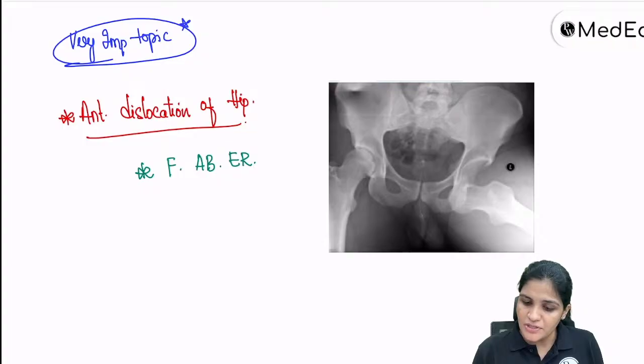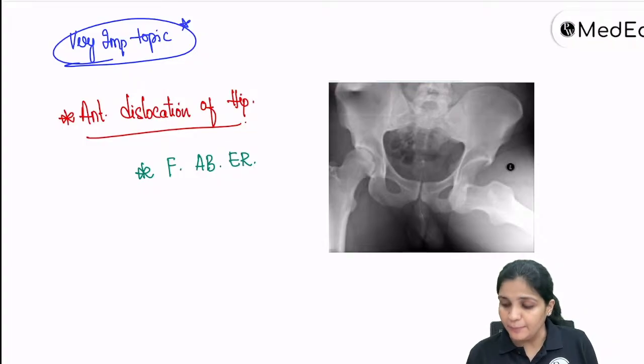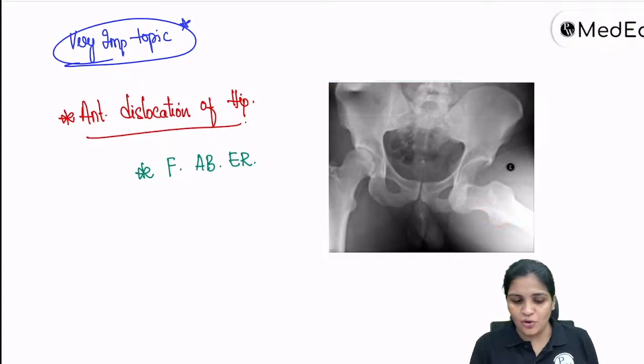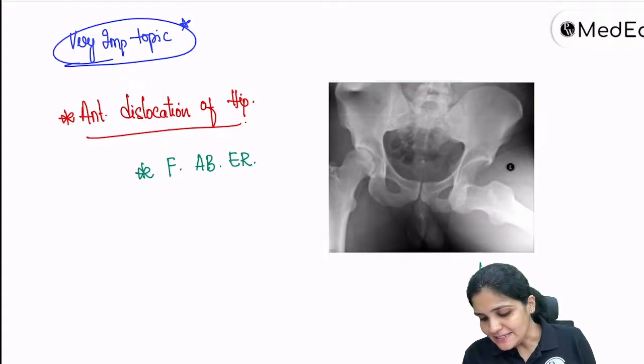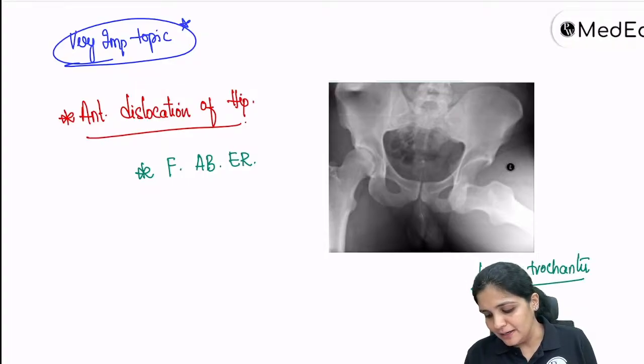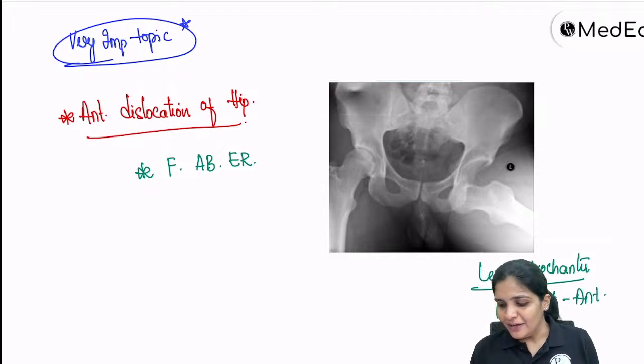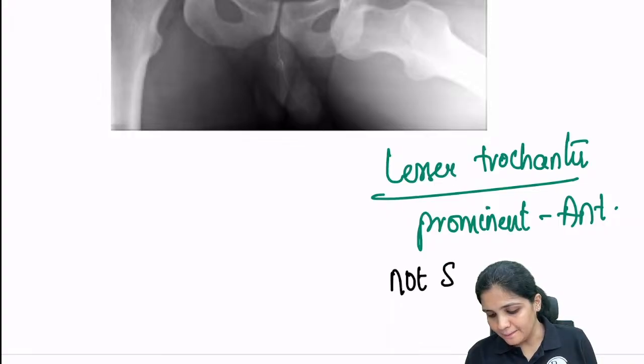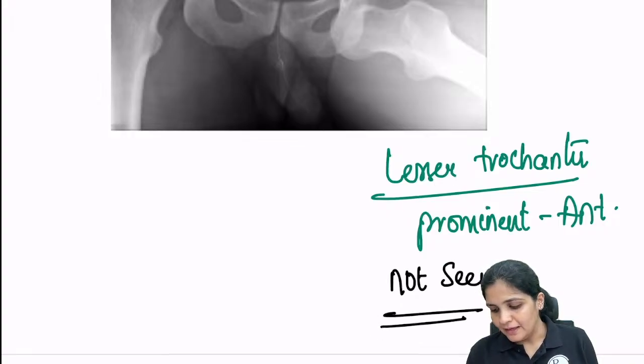So here in the anterior dislocation of the hip, how do you not get confused? Here you see the lesser trochanter. So always rely on your lesser trochanter. If your lesser trochanter is prominent, then you go for anterior. And if your lesser trochanter is not seen, then it is posterior.